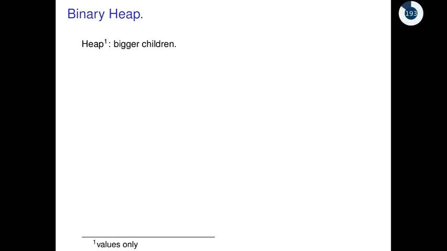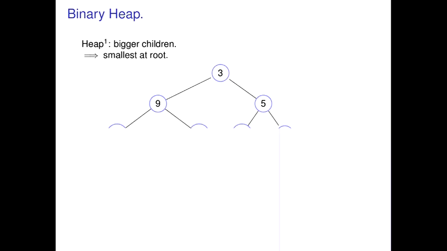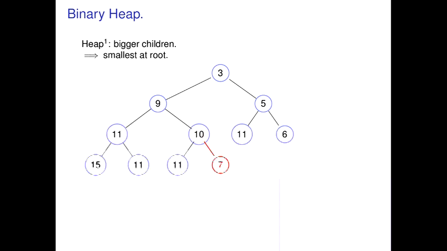Okay, so what is the heap? It looks like this. This is the idea: every node is no bigger than its children, 11 is no bigger than 15 and 11. If you look at every vertex in here, its children are at least as big as it is. So 9 is not bigger than 11 and 10.